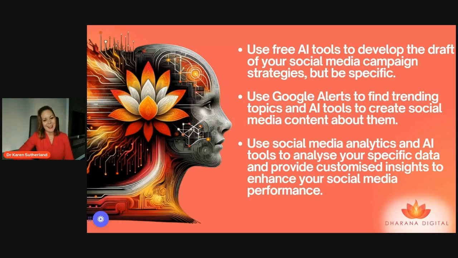In conclusion, using free AI tools can really help you to overcome that feeling of feeling stuck and not knowing what to do. It can help you to brainstorm and help you to craft a campaign or the beginnings of a campaign that you can then tweak to your needs. Google Alerts and Google Trends are both great tools to keep you on top of what the conversation is online and what's going on.